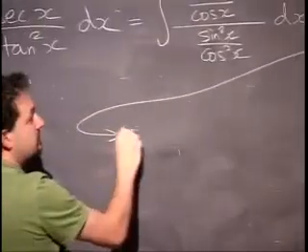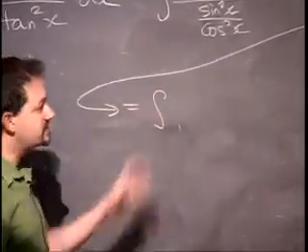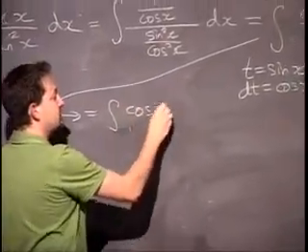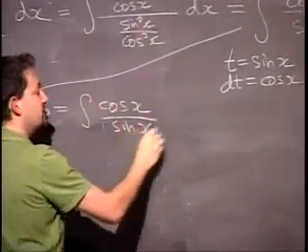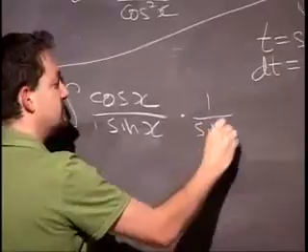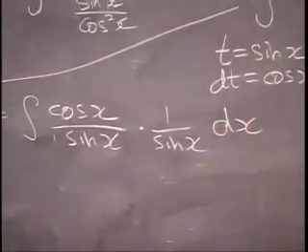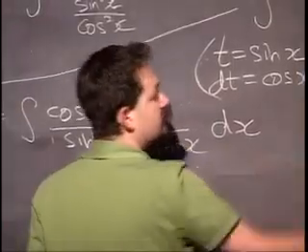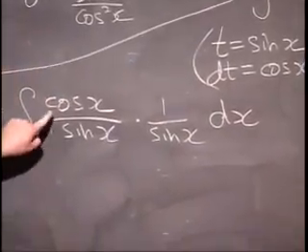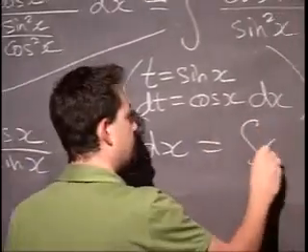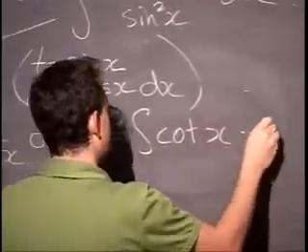Watch this. Instead of doing the substitution, I'm going to write this as cosine x over sine x, and another sine x is here. So this works, but is not the only way. In fact, if I split the bottom like this, this is just a cotangent, and that's a cosecant.